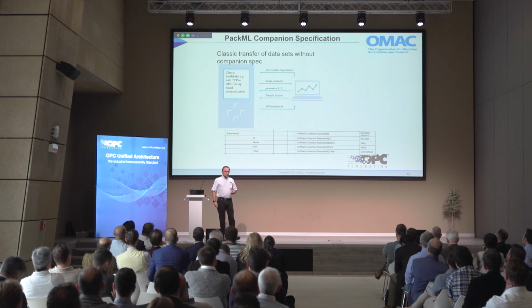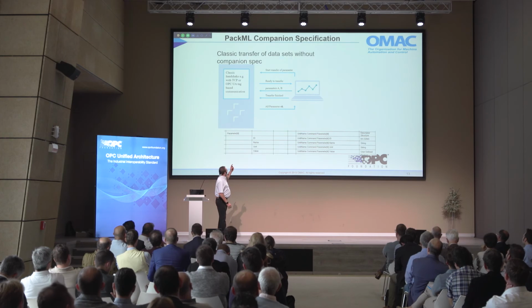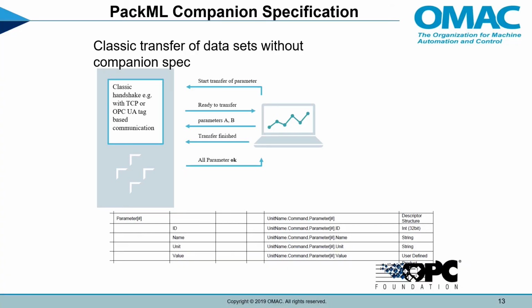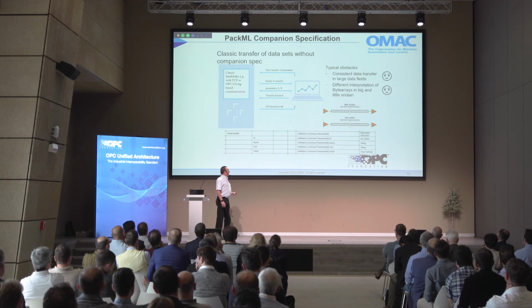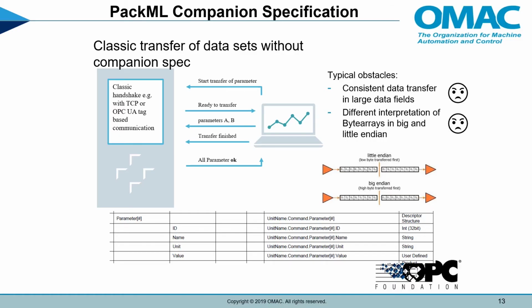And the next one was something with classic data transfer. So what you usually do, you start a transfer of parameters, you say ready to transfer, then you say, okay, give me something, then you get the data, then somebody says, yes, everything okay, continue. The problem there is typical: consistent data transfer.